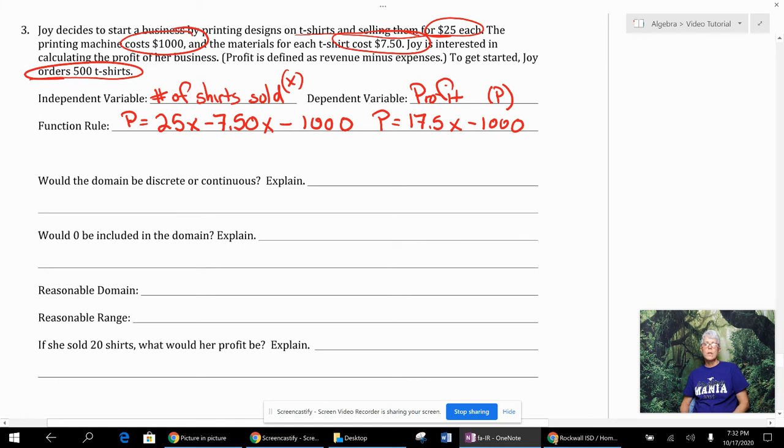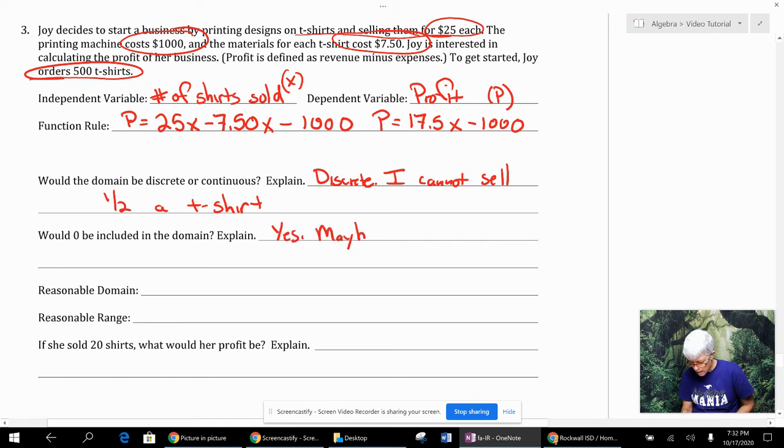All right. Discrete or continuous? Discrete. I cannot sell half a t-shirt. Okay. So would zero be included in my domain? Yes.